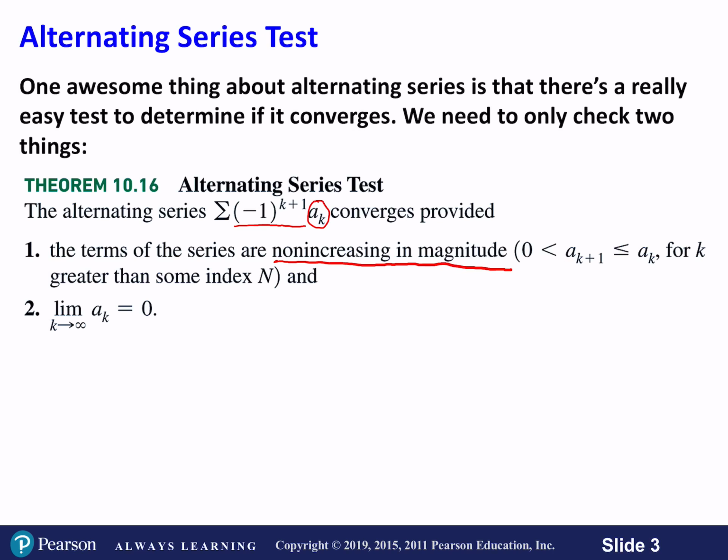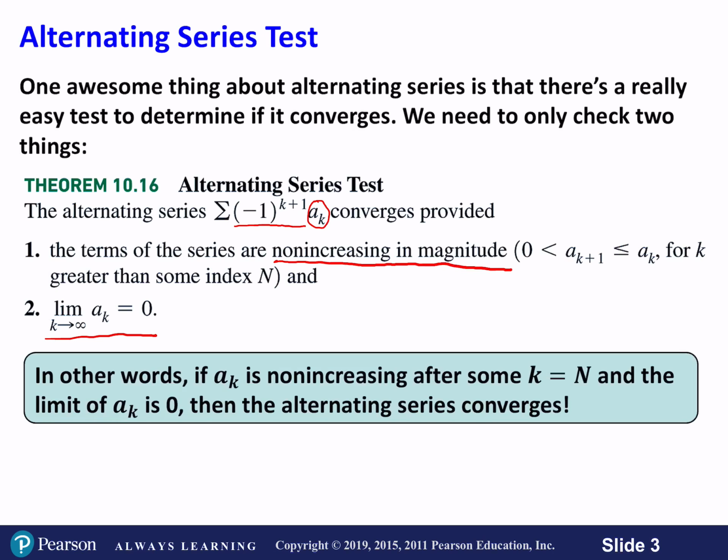If the ak term is non-increasing, in other words, it's decreasing, so that's the first condition. We need that ak is non-increasing or decreasing, and the limit of ak is equal to 0, then the series will converge. So it only needs to satisfy those two conditions, decreasing and limit is 0.